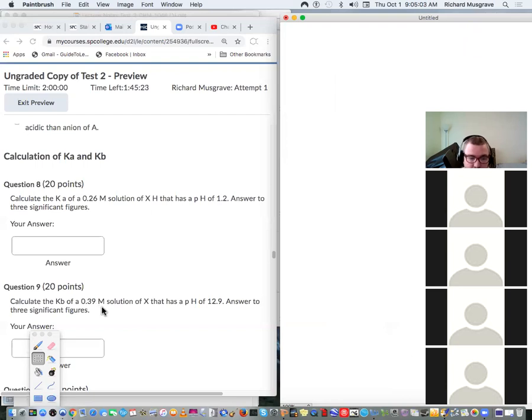So the next one, we got Kb. And B is for base, of course, which means that I take the compound, which is X, plus, actually I'll do it the other way around, make it a little bit easier. So H2O plus X, and that'll give XH plus OH minus as a product.